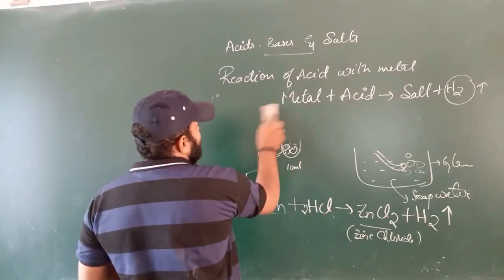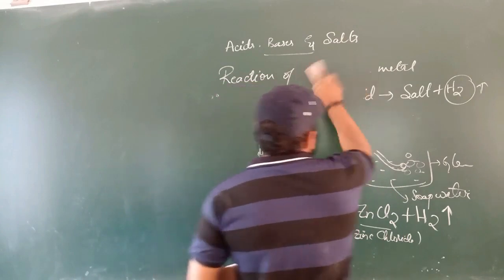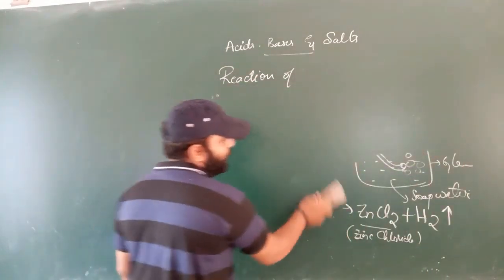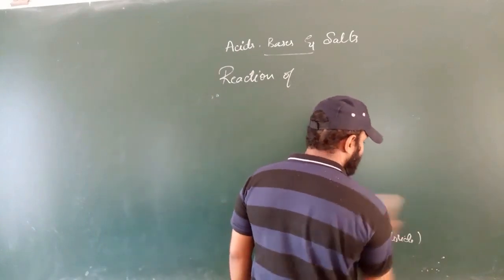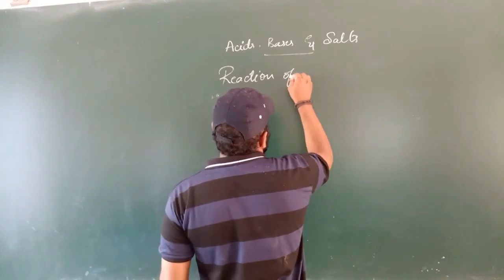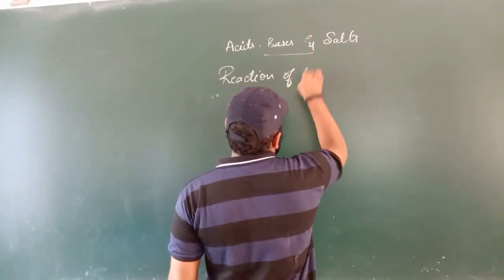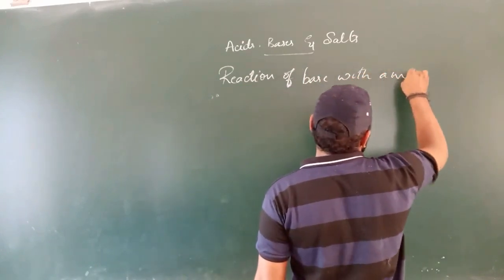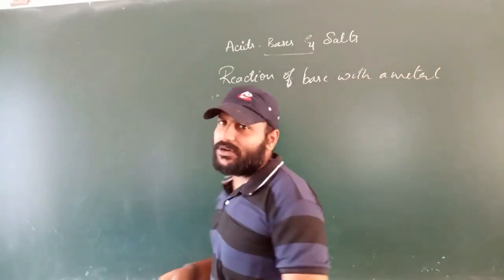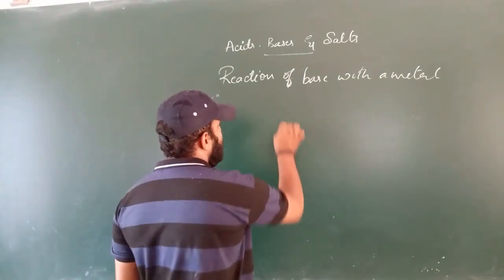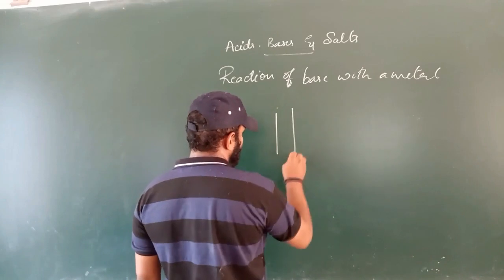So what is the next thing? Reaction of a base with a metal. Let's see what products are formed when we react a base with a metal. Here I will take the same apparatus and one test tube.